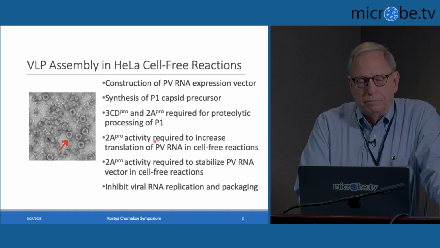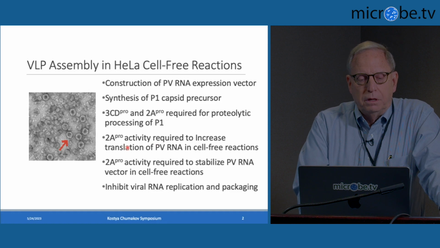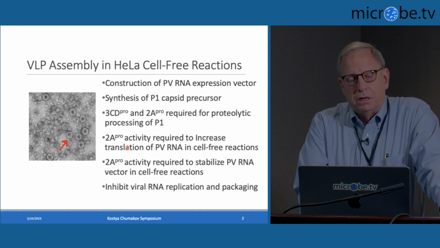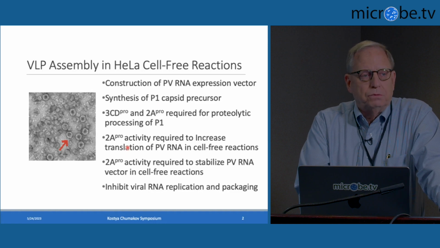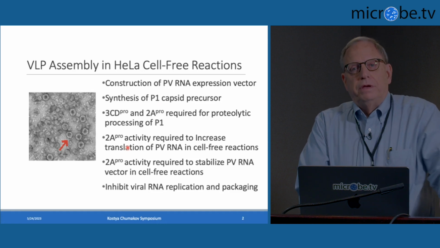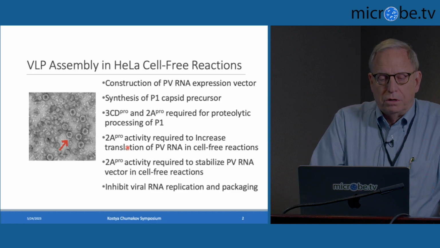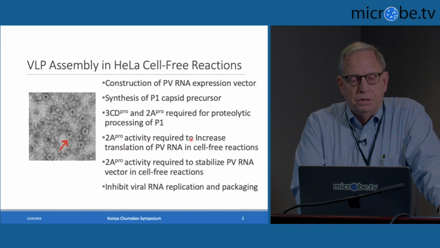And so the 2A Pro, in other words, will actually allow you to put everything in one piece of RNA, because it will separate the P1 precursor protein from the rest of the protein coding sequence. You have to have 3CD in order to process that. So that's one reason you need the 2A Pro activity.